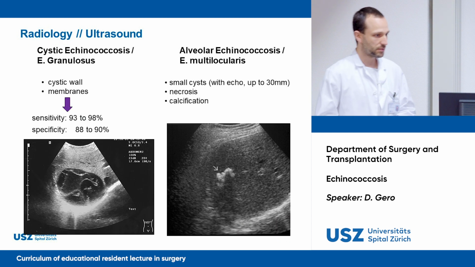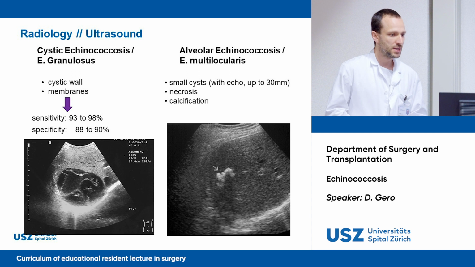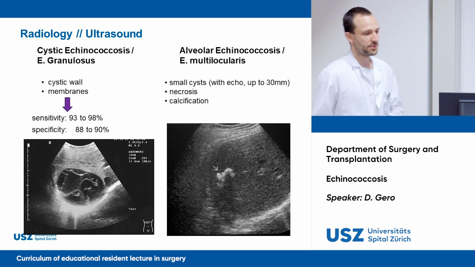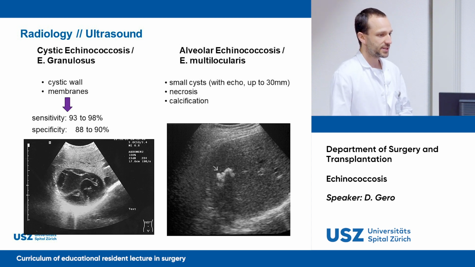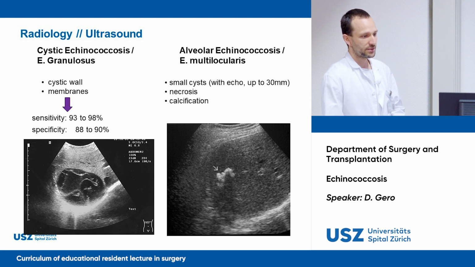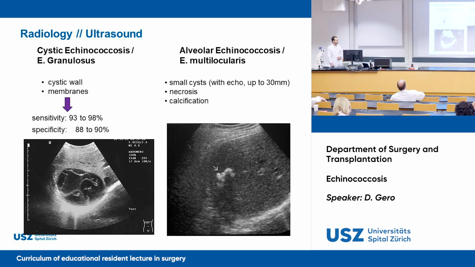Then we can move on to an ultrasound. For cystic echinococcosis, we may identify cystic lesions with a wall and membranes, which are very sensitive and specific to this disease. Whereas for alveolar echinococcosis, we can find small cysts, signs of necrosis or calcification.